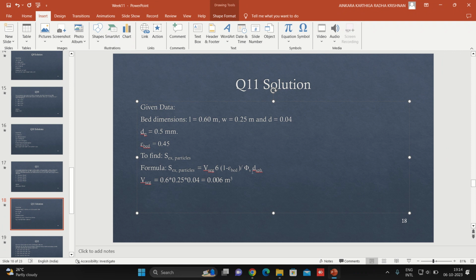And phi is actually 1 because it is a sphere.